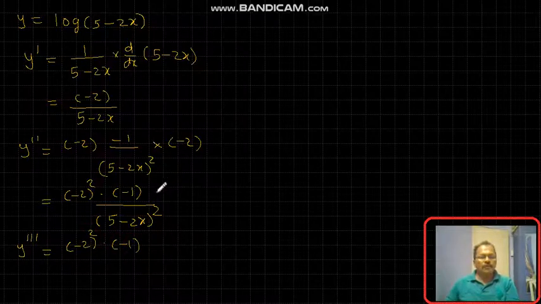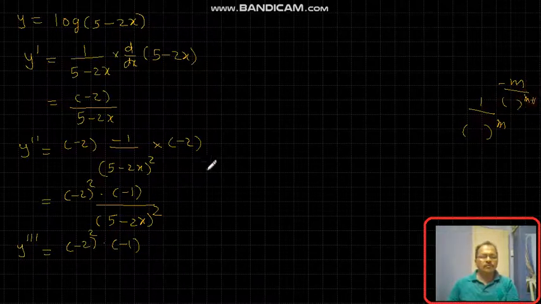Now the derivative of 1 upon bracket square, that is the derivative of 1 upon bracket raised to m. The formula is −m upon bracket raised to m plus 1.